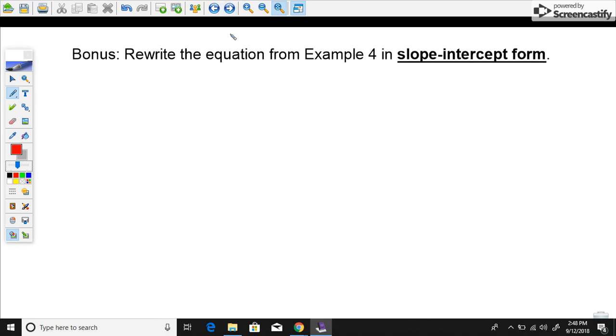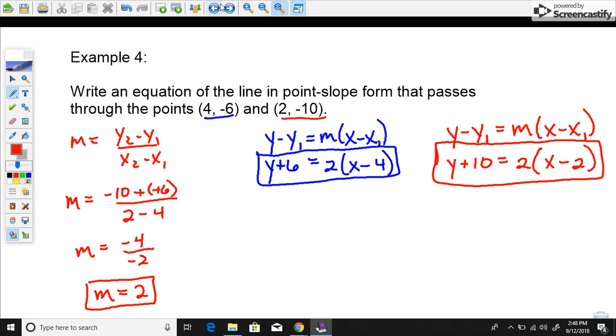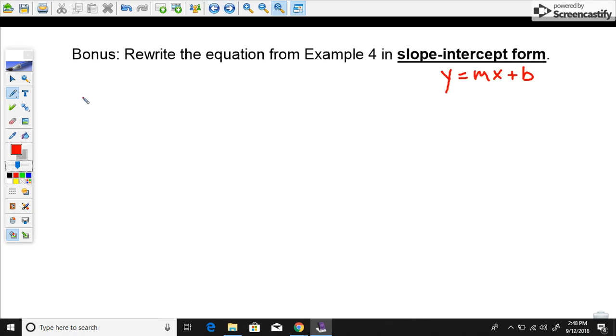So I have a bonus for us. We're going to rewrite those equations that we had in example 4 in slope intercept form. Remember, slope intercept looks like this. So we're going to take these equations, y plus 6 equals 2 times x minus 4.